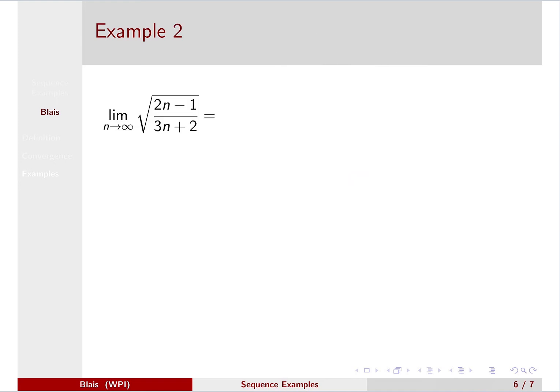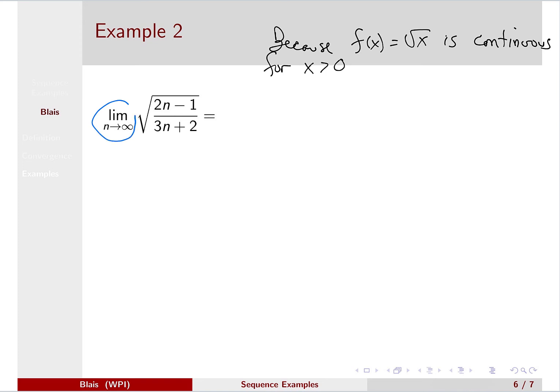Another example, we also learned in calculus that because f of x is the square root of x is continuous for x greater than 0, we have a theorem that tells us that we can take this limit and bring it inside of that continuous function.